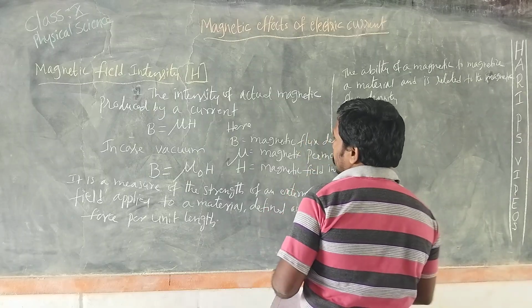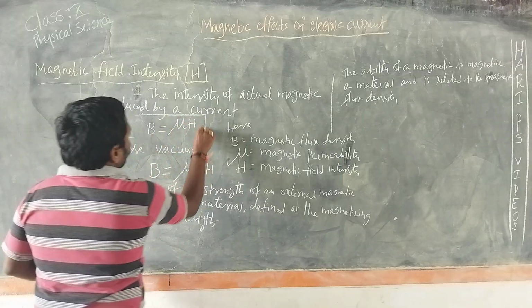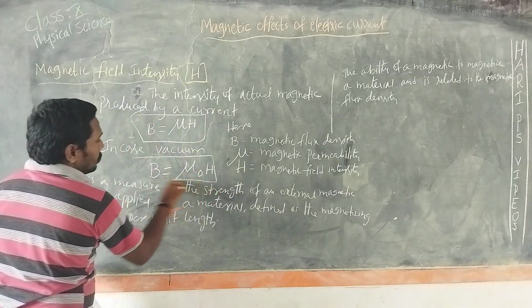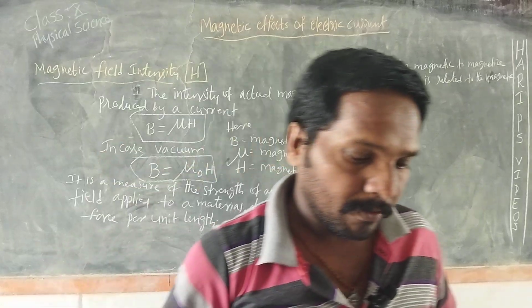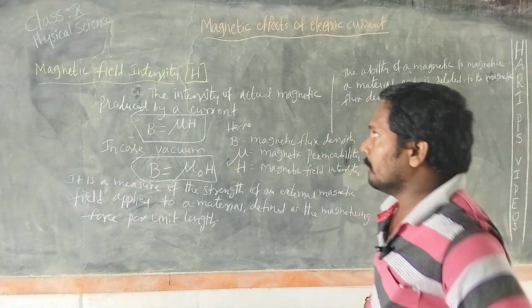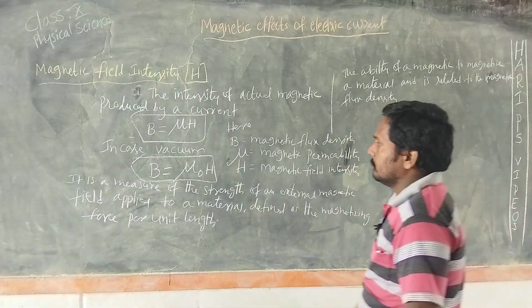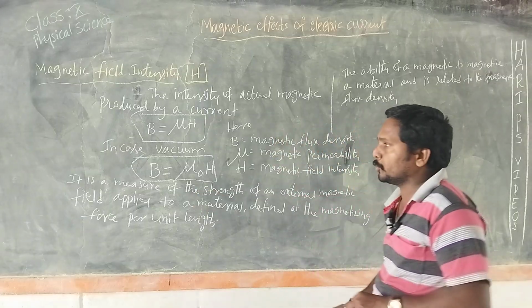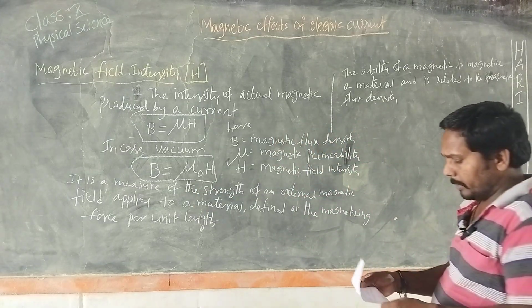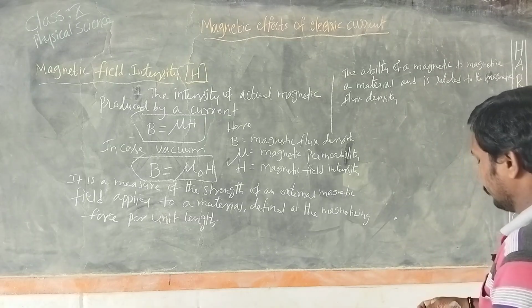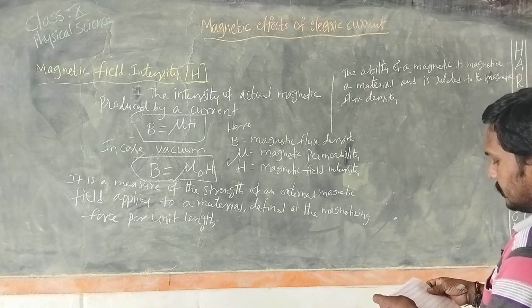So we can write B is equal to mu H, or B is equal to mu naught H in the case of vacuum. Mu is the permeability, or magnetic permeability, of the material.